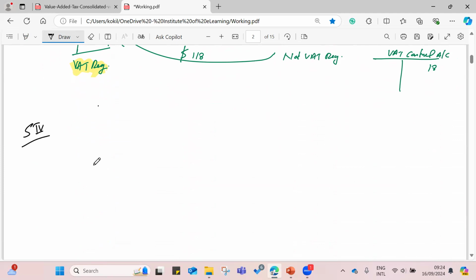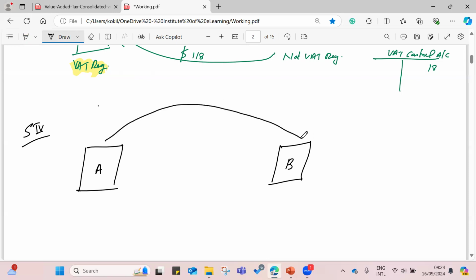In this case, let's say this is company A and company B. Company A makes sales to company B. Company A is VAT registered and company B is also VAT registered.